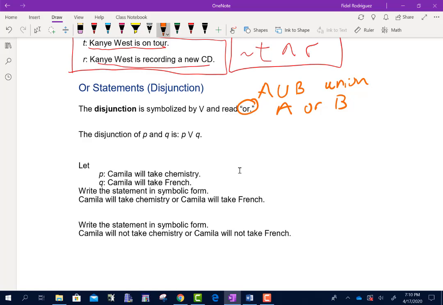Again, I'm going to do the same kind of thing here. I'm going to write down my answer in what we call symbolic form, okay? So again, the disjunction of P and Q is read as P or Q. That little down arrow just means the word or.